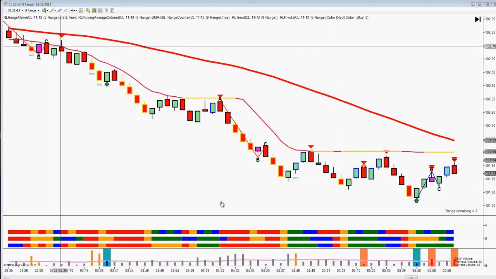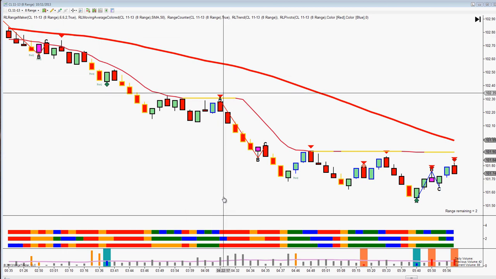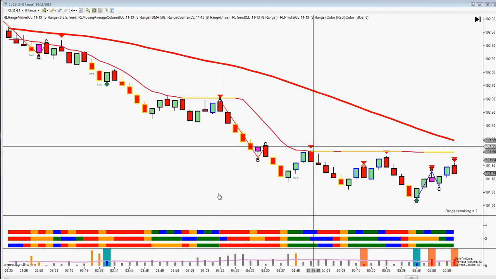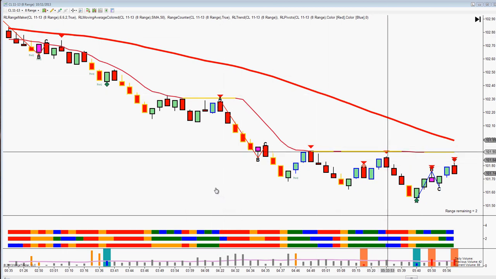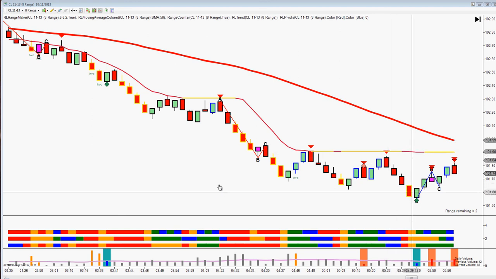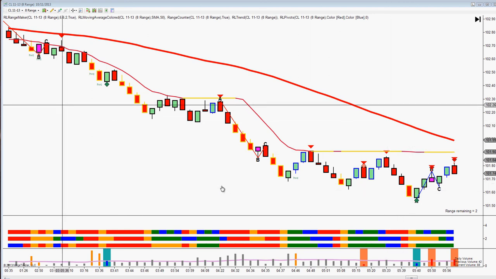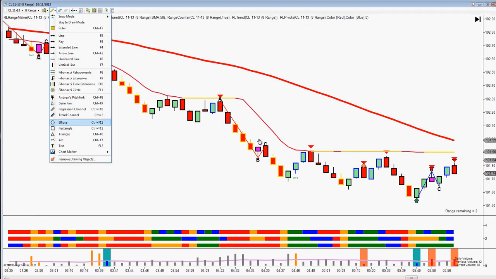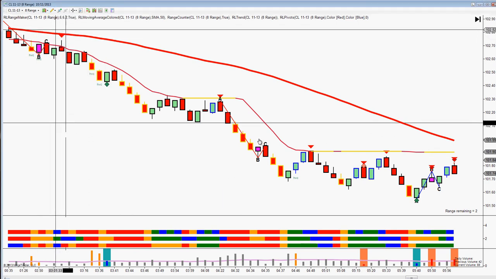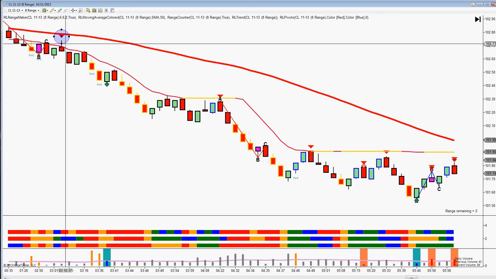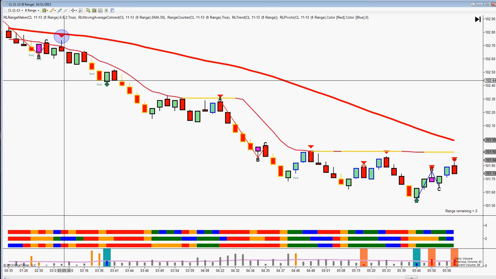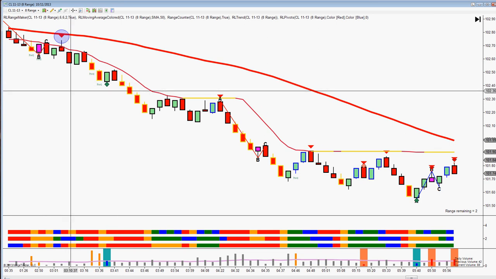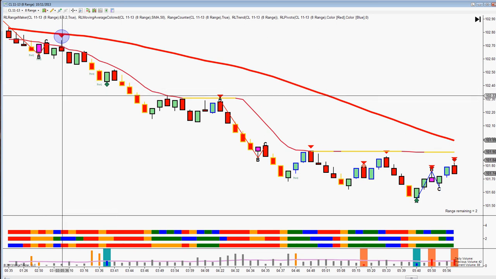Now let's take a look at this power entry, and these red triangles are short signals for you to go short in the market, again based on regression analysis. So let's take a look at this power entry. Now, obviously, if you took it, it was an incredibly successful signal.